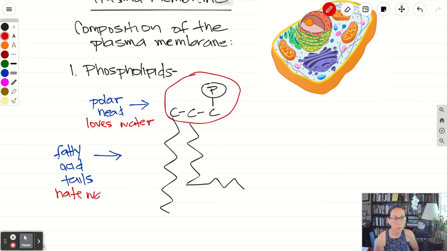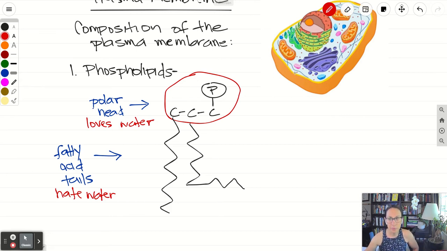Okay, they repel water. And as you know, oil repels water. You can't mix oil and water together. So this is a perfect thing to make a membrane because cells are in a watery environment and they're going to separate themselves out from the water, okay? So the composition of a plasma membrane is this.